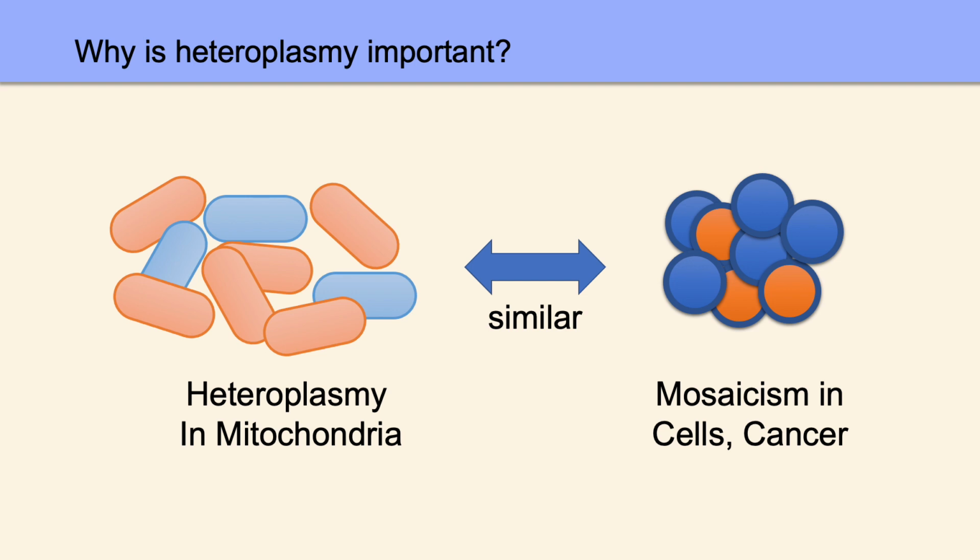You can have different somatic variants in different cells, and this leads to a case of mosaicism. And these situations have also been associated with different diseases and different pathogenicities. And of course, this also happens in cancer. So a lot of the issues, if we can solve them in mitochondria, we can extend that to these other issues in the nuclear genome, and especially cancer.